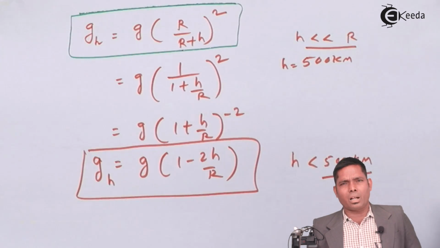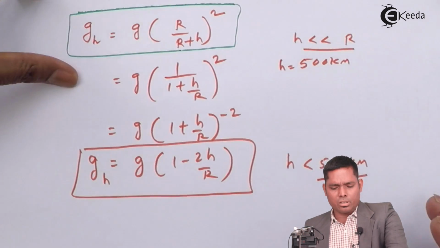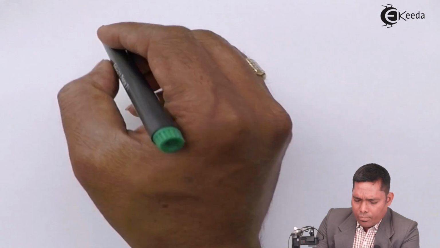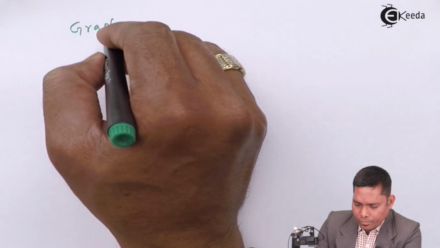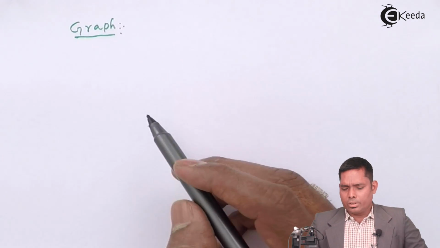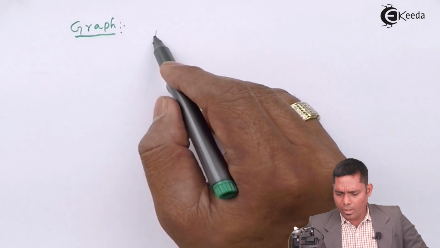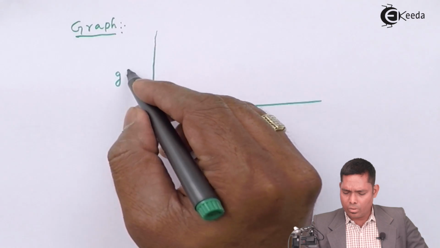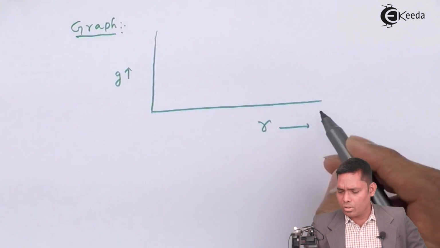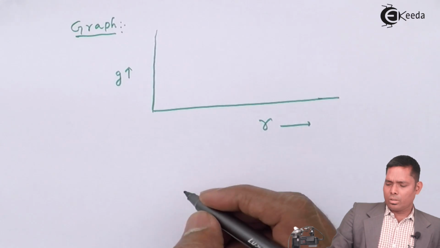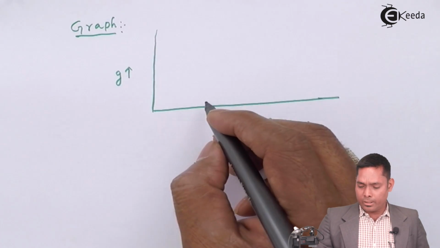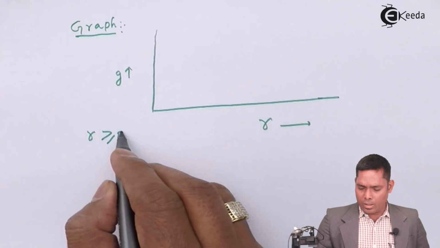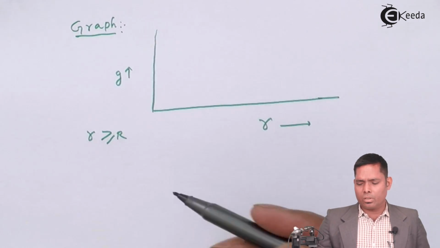But if you want to plot the graph of that also you can discuss. Let me just discuss about the graph also. The graph of acceleration due to gravity g versus r, the distance from the center of the earth. As far as this is concerned, r is greater than or equal to R, that means when the body is on the surface or outside.